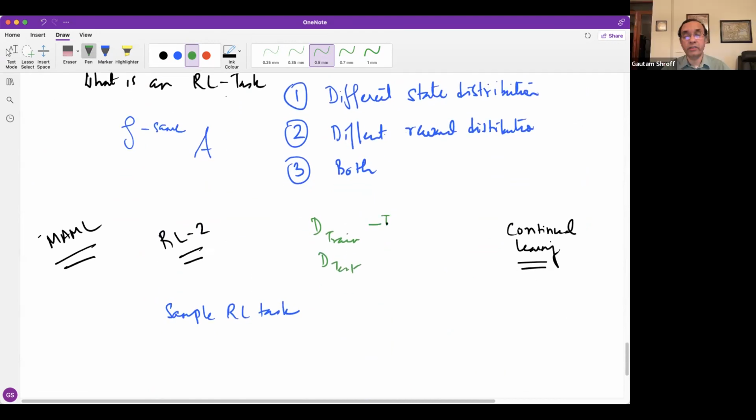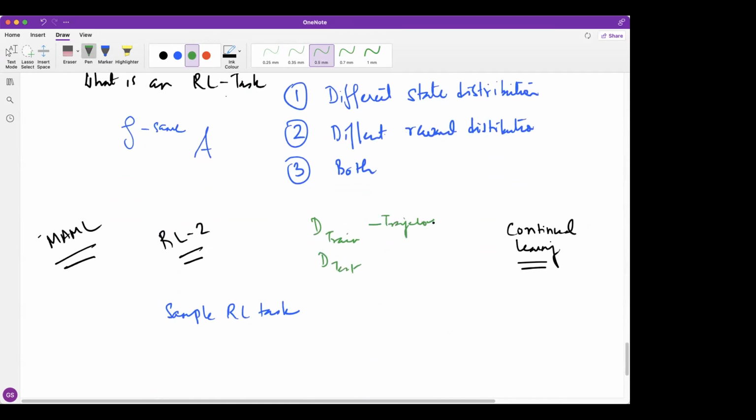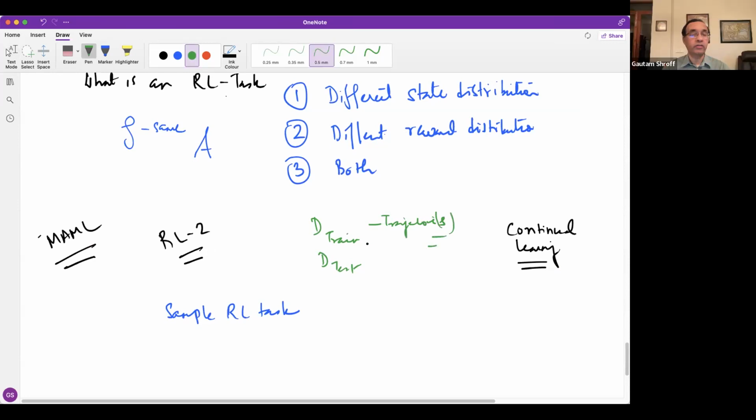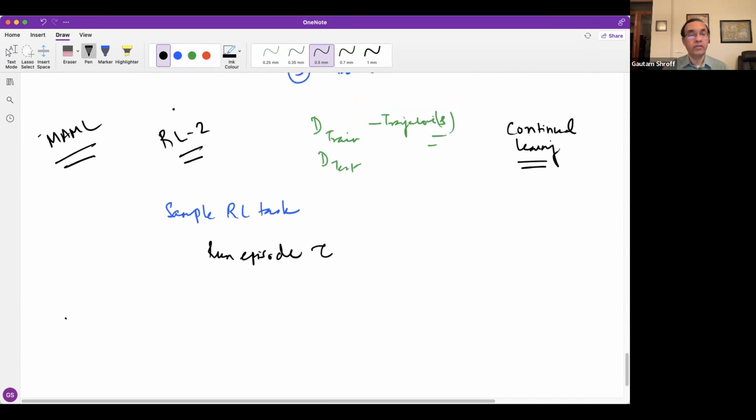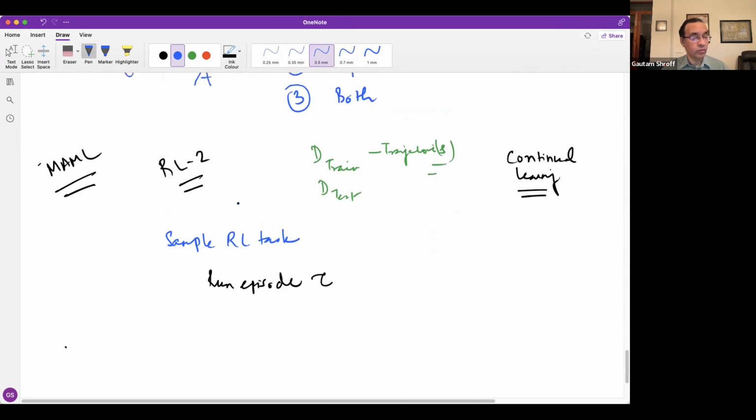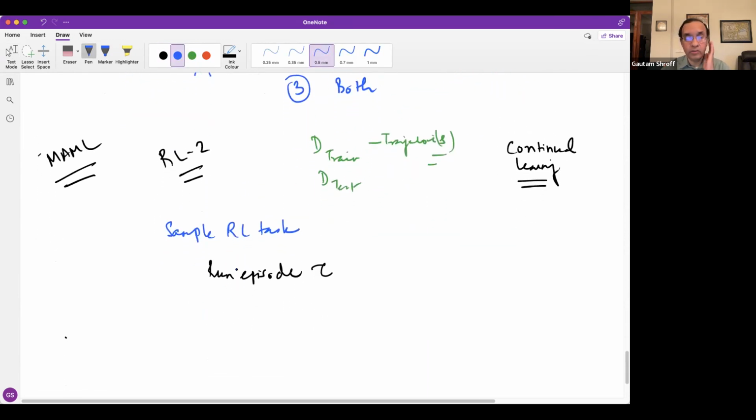Typically more than one trajectory, right? So you do this, and then you run the episode. You get the tau. In MAML, once you got some training data, you can run one or two episodes, but right now just run one episode. All the state action pairs are training data, and then typically you will do an adaptation.